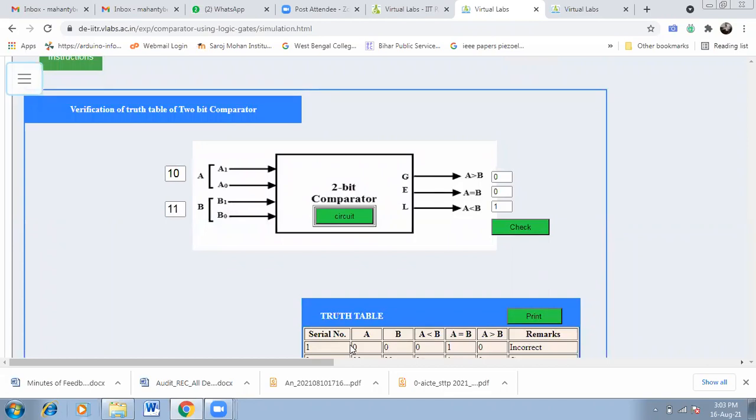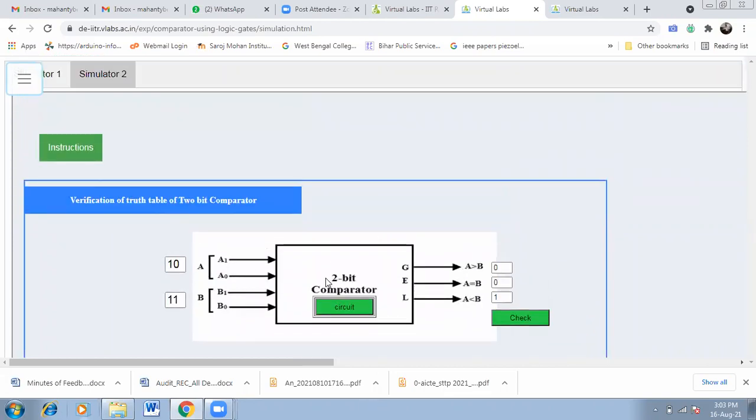So in the comparator circuit, you have 2 simulators, simulator 1 and simulator 2. There were 4 simulators in total, and I have shown you everything. If you have a doubt, you can tell me the question. Otherwise, we can end because today I have one meeting also. So tell me if you have any doubt.